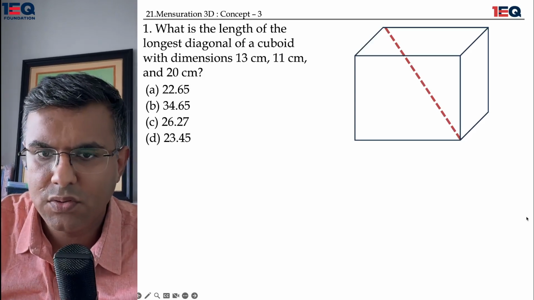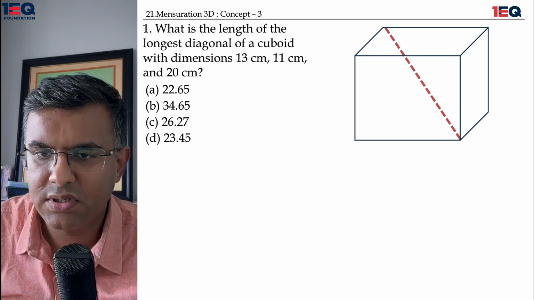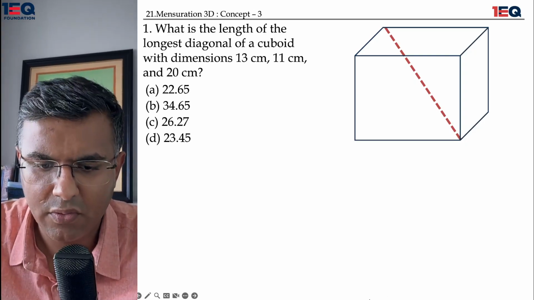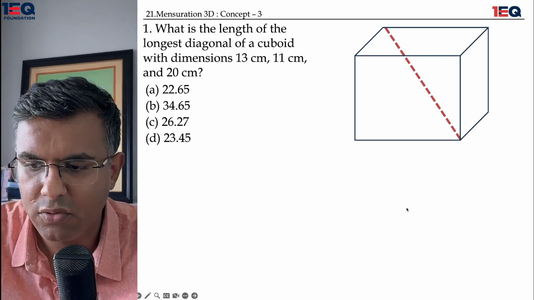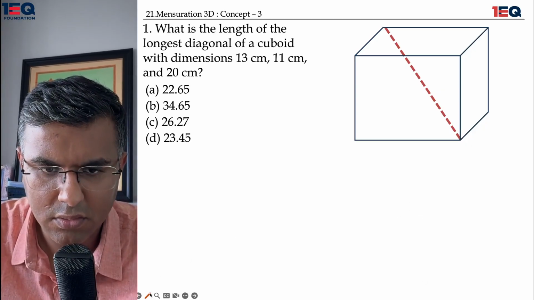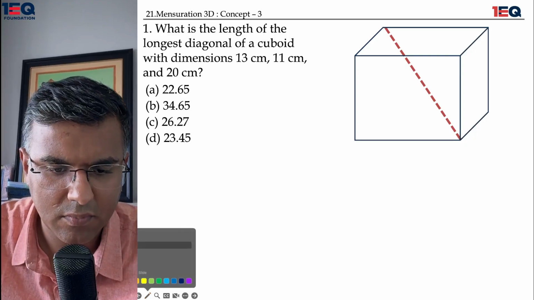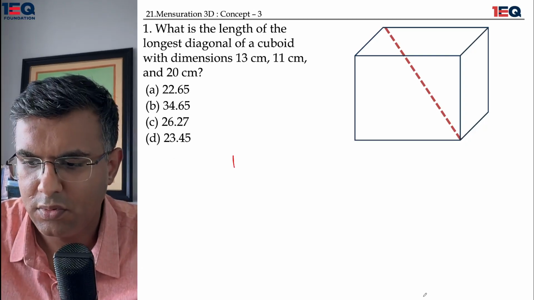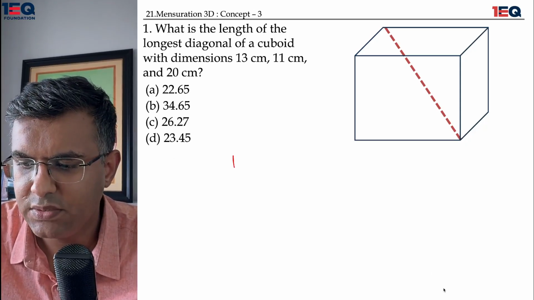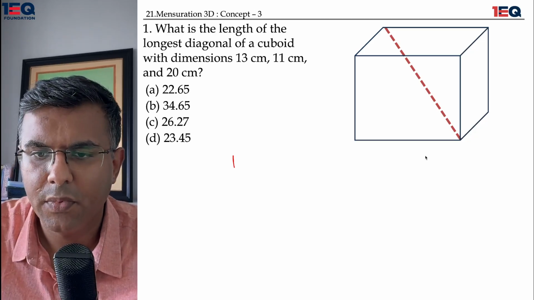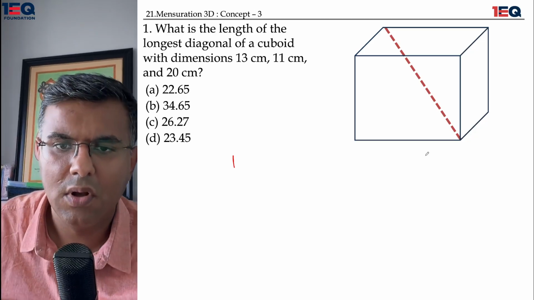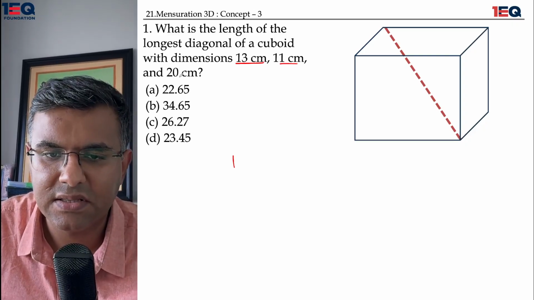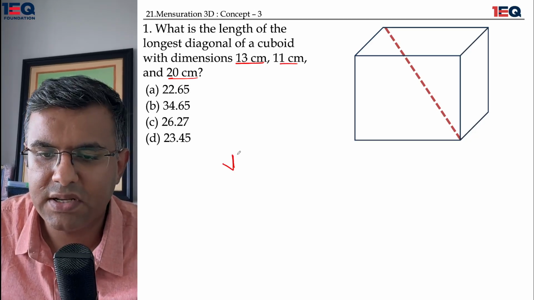What is the length of the longest diagonal of the cuboid? So, the length of the longest diagonal of a cuboid with dimensions this, this, and this. We've already discussed it.